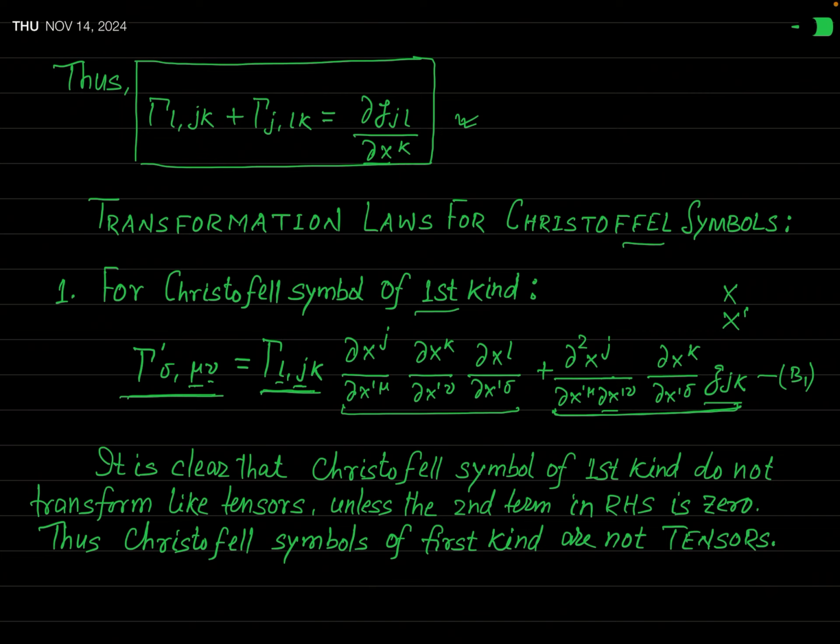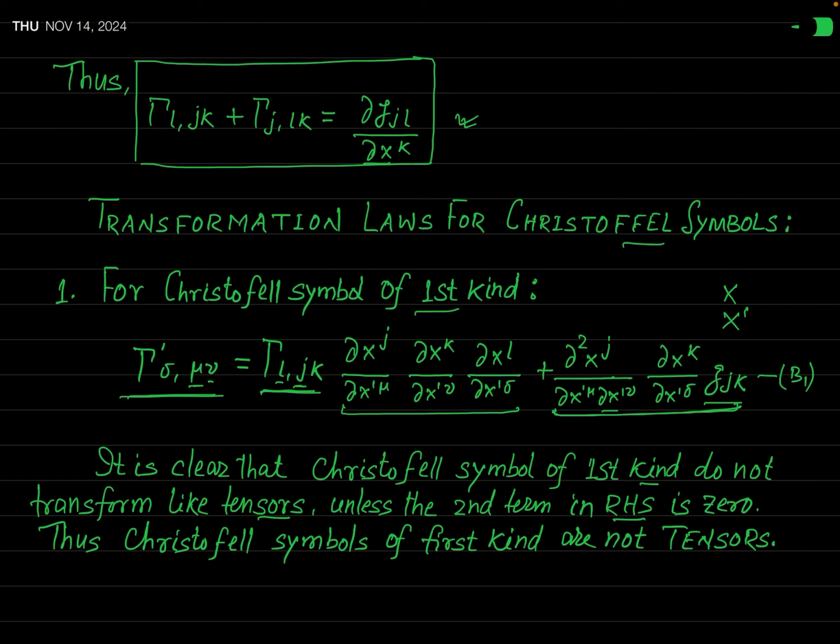So I have written here, it is clear that Christoffel symbols of first kind do not transform like tensors unless the second term in the RHS is 0. If this second term were 0, then you could say that this quantity transforms just like a tensor.